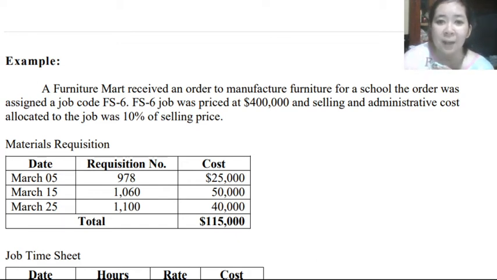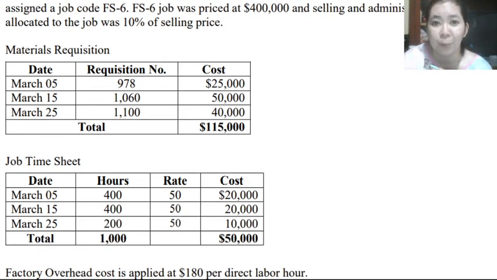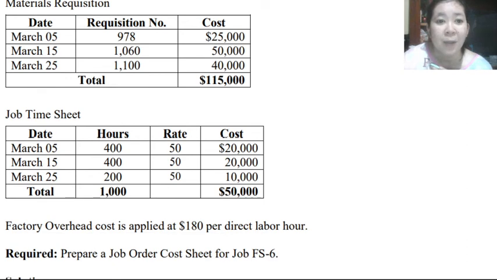So we have here the source documents, the materials requisition. It reflects the date, the requisition number, and the corresponding cost for the direct materials used in producing this job order. We also have here the job time sheet, which reflects the number of hours and its corresponding cost for working on that job order.